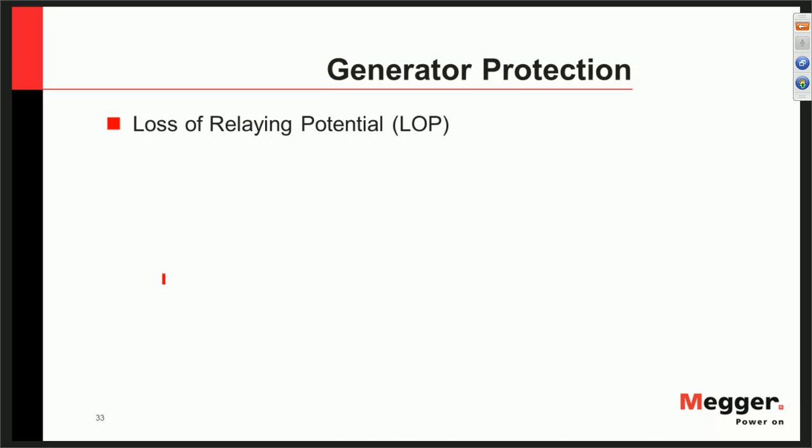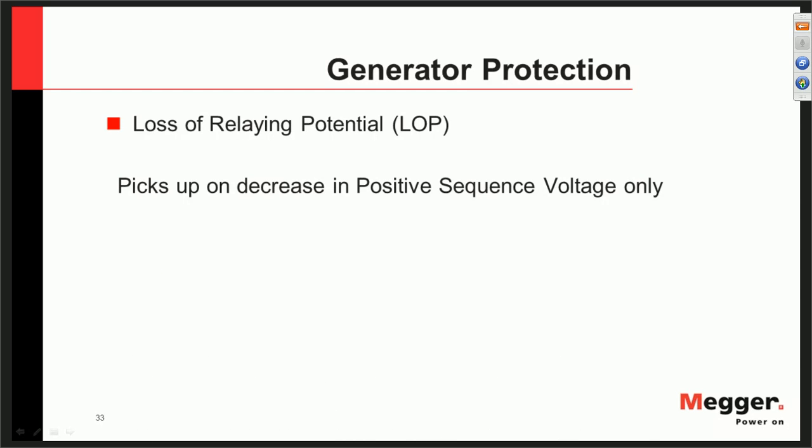And that PT is actually measuring your terminal voltage. So if my PTs are connected and measuring the terminal voltage of a generator and the secondary of it fails, then there is no relaying potential, because the PT secondary is what gives voltage to the relay.